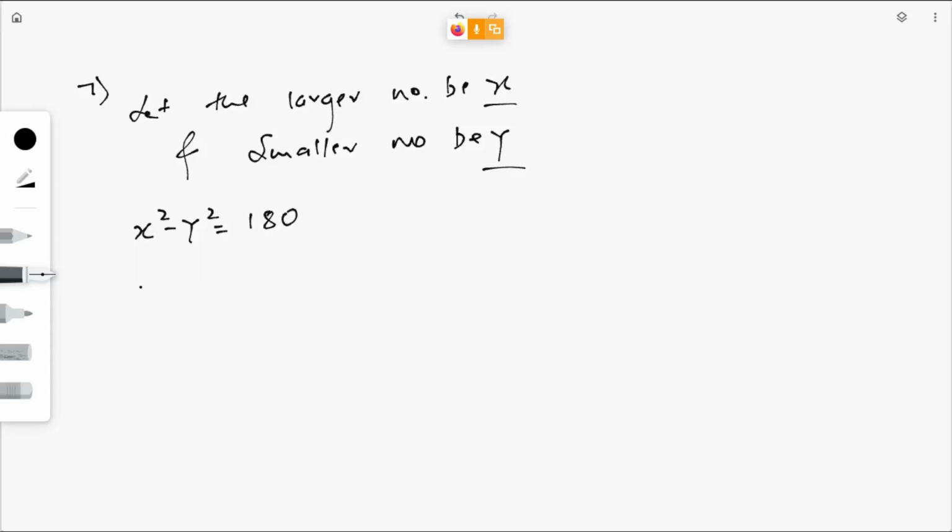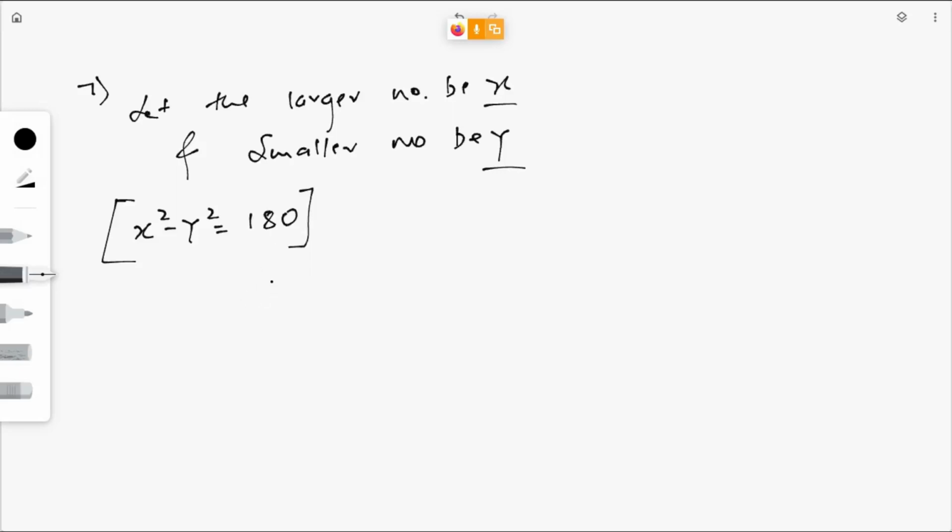I took one as x and the other as y, so the difference in the squares is 180. That is, the square of the larger number minus the square of the smaller number is equal to 180. So this is the equation we get from the first statement.